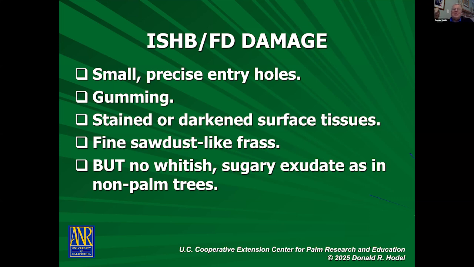And sometimes there's gumming, stained or darkened surface tissues, and fine sawdust-like frass. On traditional trees or non-palms, they often produce a white sugary exudate that surrounds the entry hole. But we haven't seen that on palms yet.